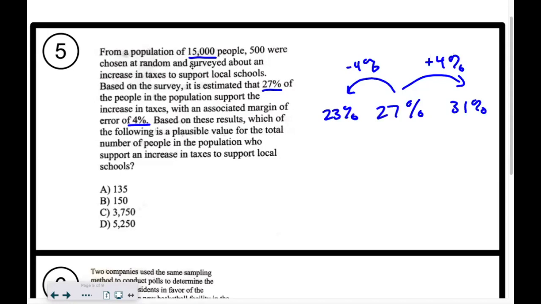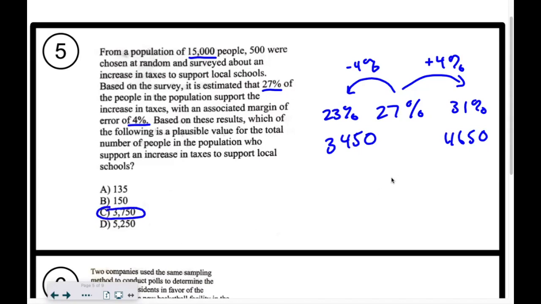But again, it's of the population. So you can easily just find 23% of 15,000. That's 0.23 times 15,000, which is 3450. And then 31% of 15,000 is 4650. So again, 0.31.